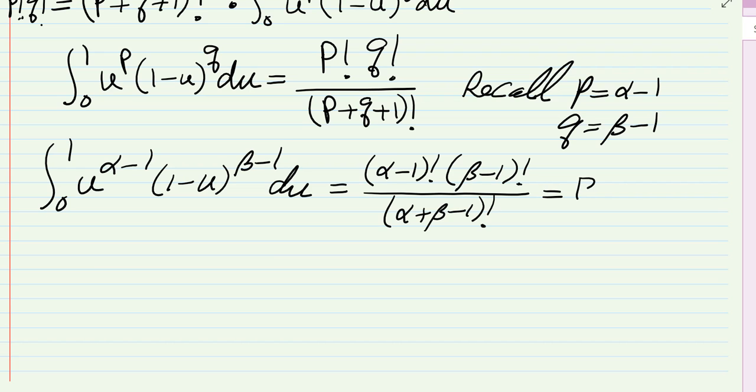And this is the very definition of beta of alpha, beta. Okay, therefore we showed the integral is beta of alpha comma beta.